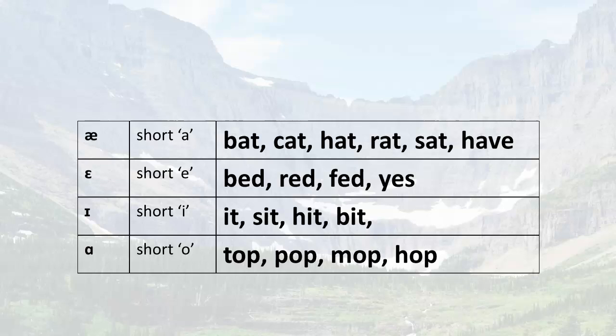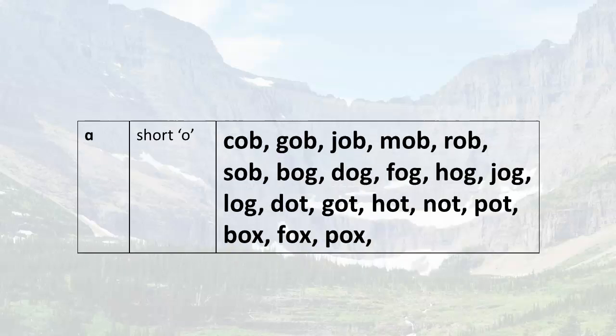What? You want some more practice with the short O? Of course. Here's some more practice. Here are more words with the short O, in other words, the ah sound. Let's pronounce this together.